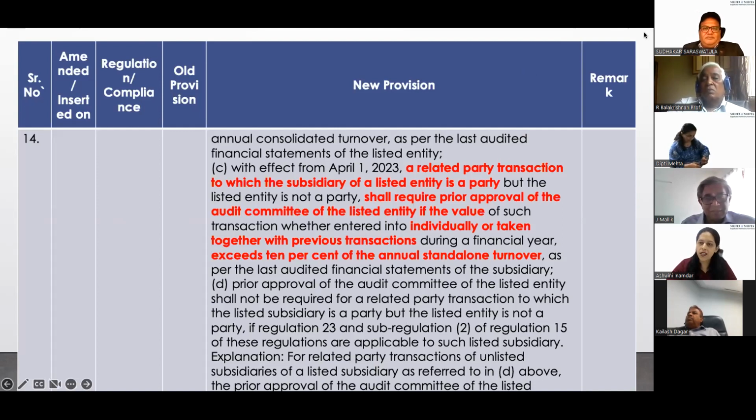So the listed entity is not a party to that transaction, but its subsidiary is. Then all the transactions exceeding 10% of the annual standalone turnover of that subsidiary will come to the audit committee of the listed entity for approval. So though not being a party to that transaction, it still has to approve those transactions.